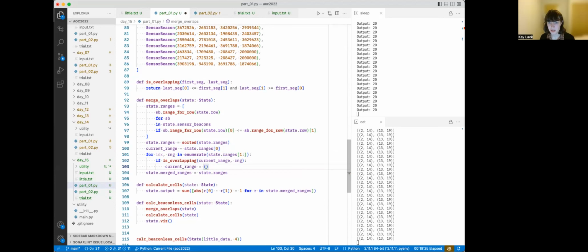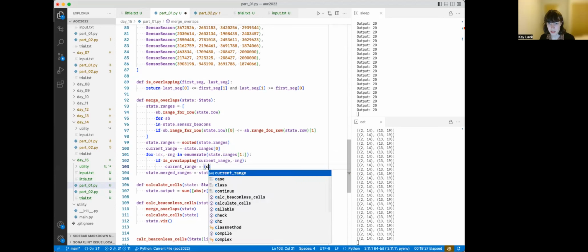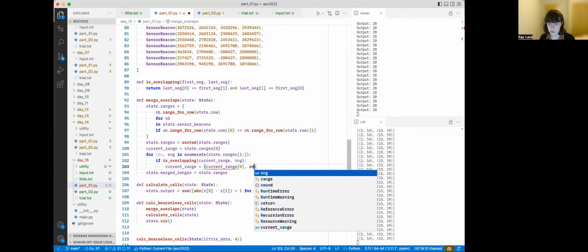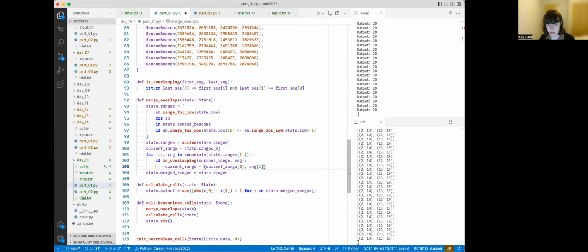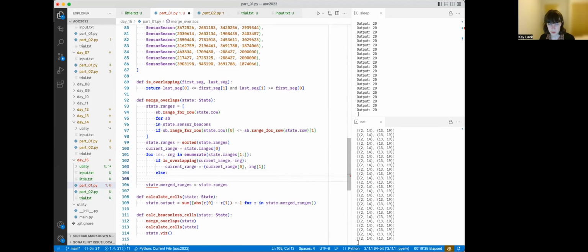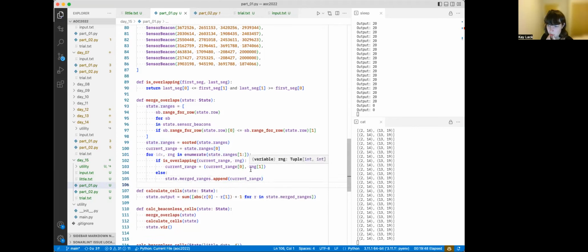So it should then be the current range first and the range second, so end. Otherwise, the state merged range should have appended to it the current range. And that should give us the right outcome, but it doesn't.